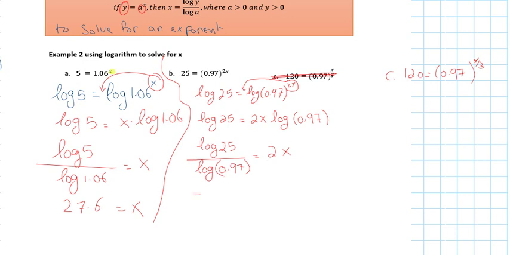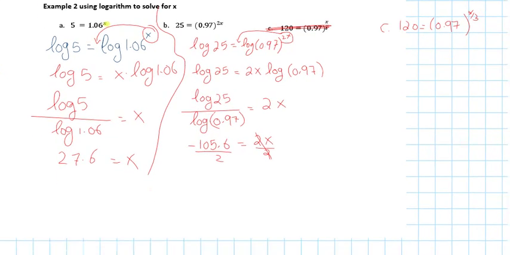The reason why you got a negative: anytime you do log of a number between 0 and 1, you're going to get a negative. So this is a positive over a negative, it's going to be a negative. That's fine. We're looking for the x value. So 2x equals that. How do I solve for x? Divide by 2, because you want to get rid of that 2. Then you get negative 52.8 equals x.